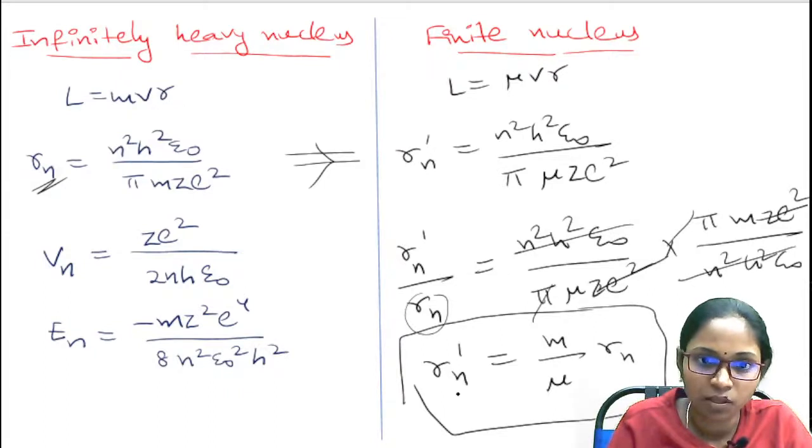This is the relation between the radius of the nth orbit for the finite nucleus and the radius for the infinitely heavy nucleus.